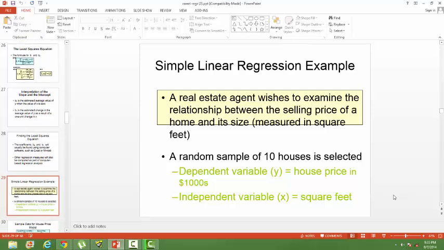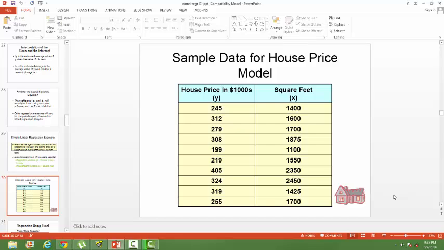Okay, so let's take an example here and do it using Excel. So you have house price and then square foot, like the area of the houses, in square feet. So y is your house price, and x is your square feet area.